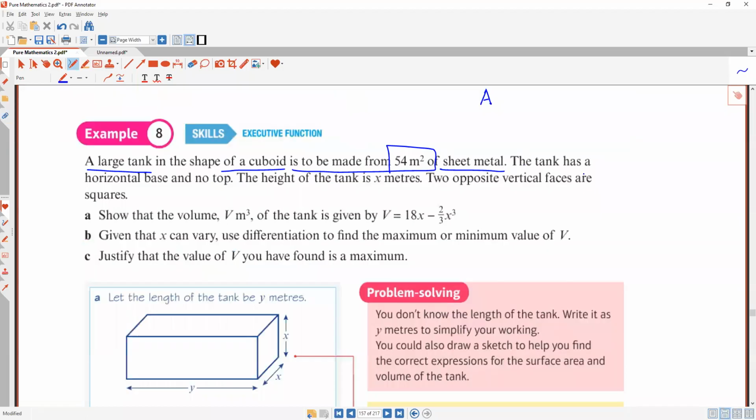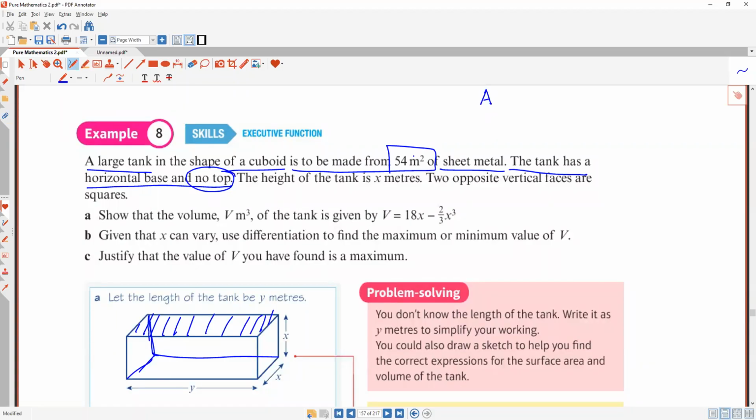The tank has a horizontal base and no top. So that means this top area we are not supposed to take. All the other areas we can take: the side areas, the bottom area. But the top area we cannot take. The total area should be 54 meters square.